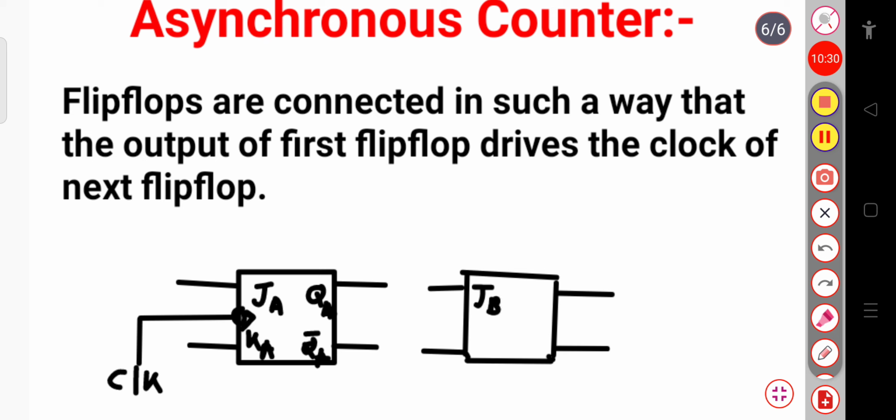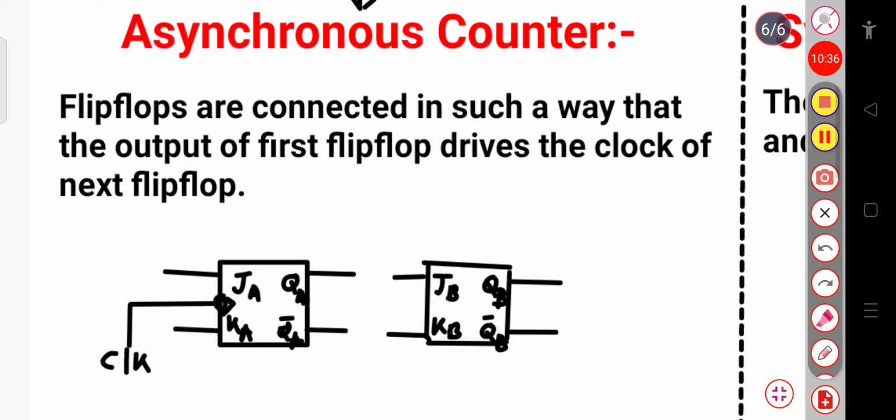This is KB, and this is QB, and this is QB bar. And here the first output, the QA output, is connected to the clock of the second flip-flop, then this type of counter is known as the asynchronous counter.